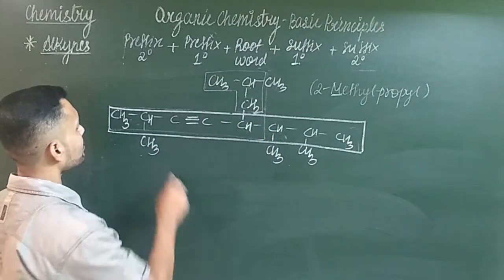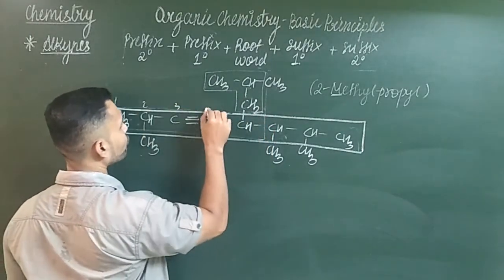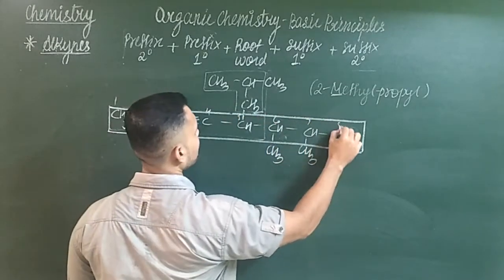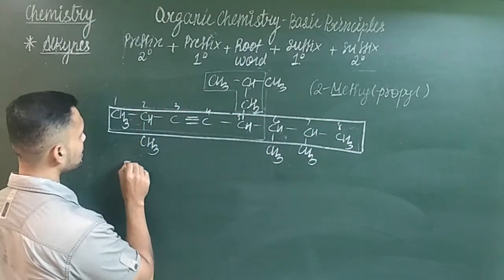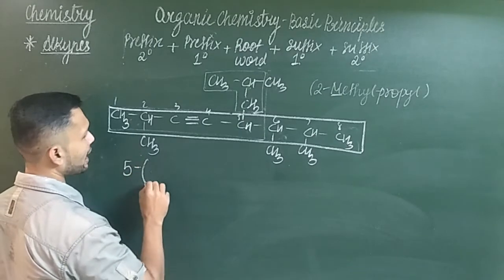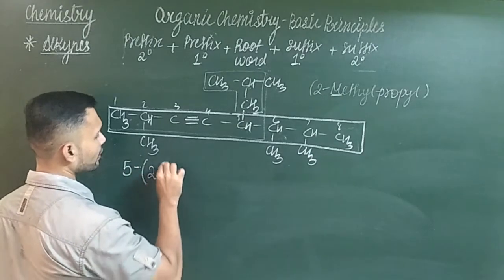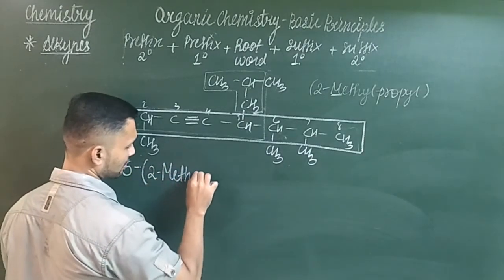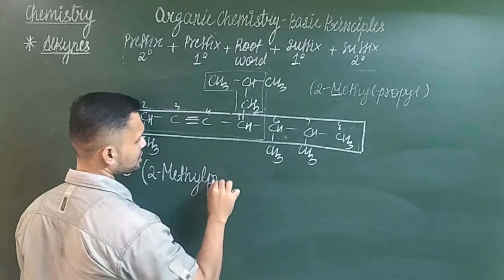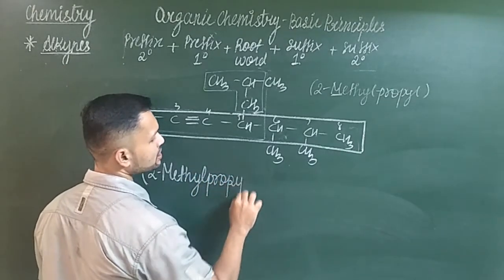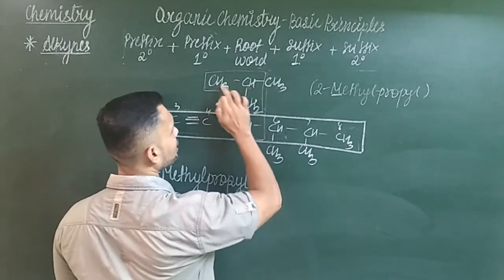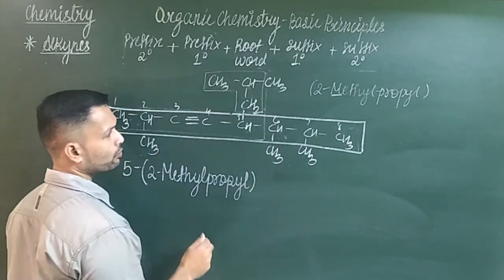So we'll write the complex name first: 1, 2, 3, 4 and 5, 6, 7 and 8. So the name goes as 5-(2-methylpropyl), and the longest chain of that substituted branch is propyl. 1, 2, 3, 2-methyl, 2-methylpropyl.